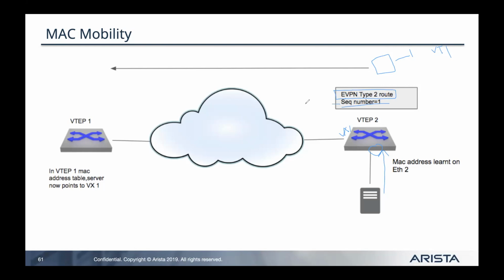So it will send sequence number 1, which will go to both of the other VTEPs, and both will update that to reach MAC 1, it's VTEP2, not VTEP1, because the sequence number is the updated one. So this is how MAC mobility works in type 2.